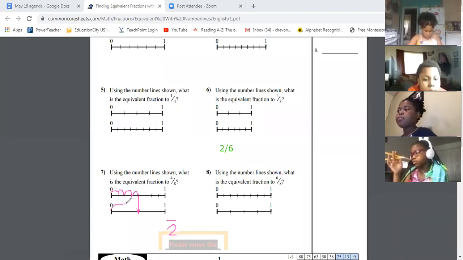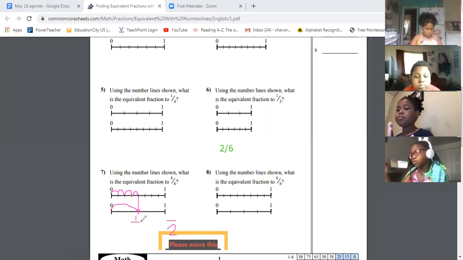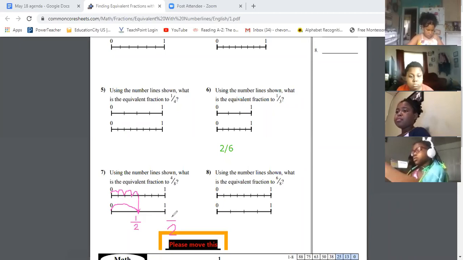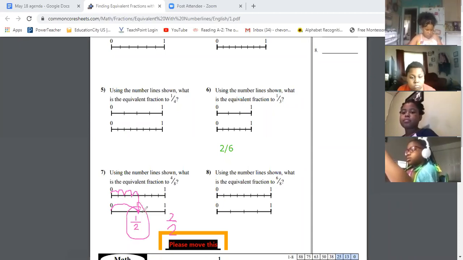We're going to go 1. So we went 1 hop out of the 2 lines. Oh, I actually drew that one nice. And this would be 2 out of 2. So our equivalent fraction here would be 1/2. So it's only 1 hop on that bottom line.